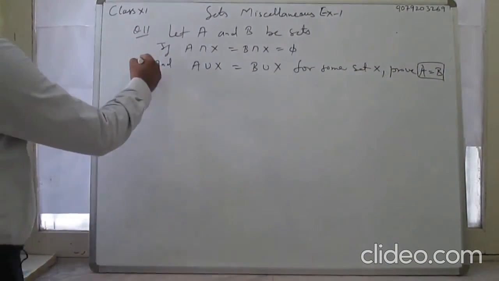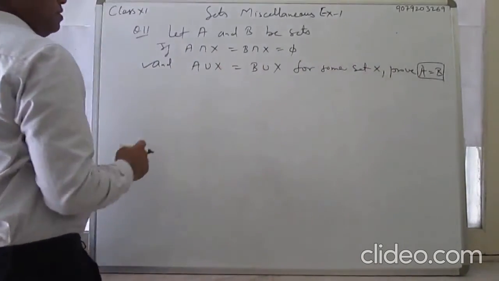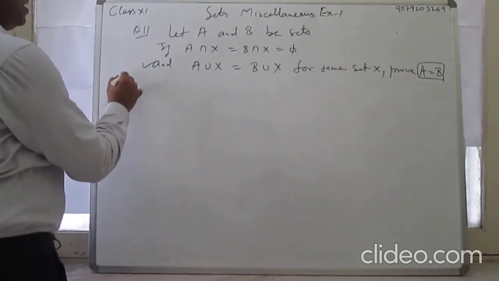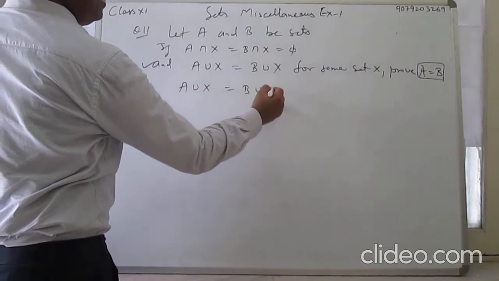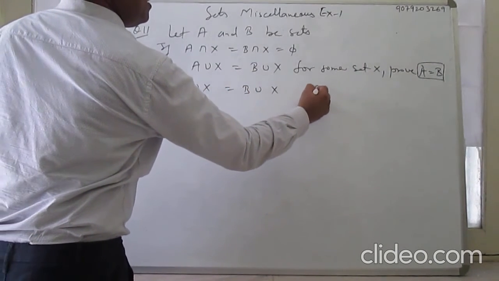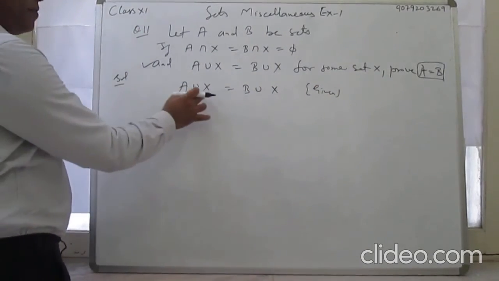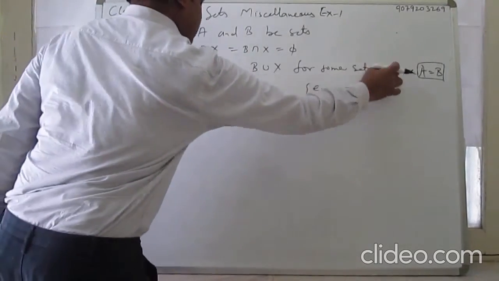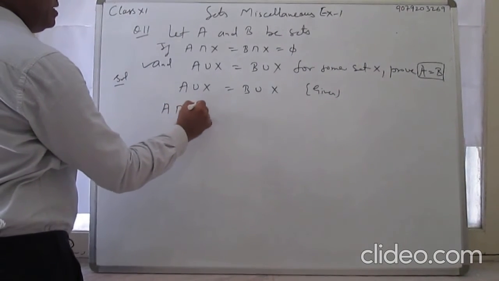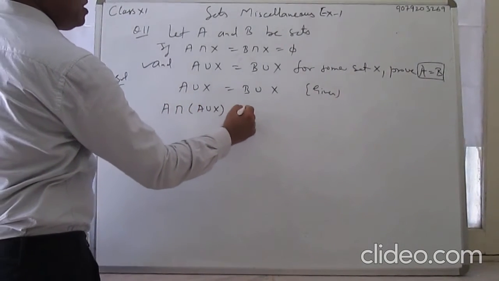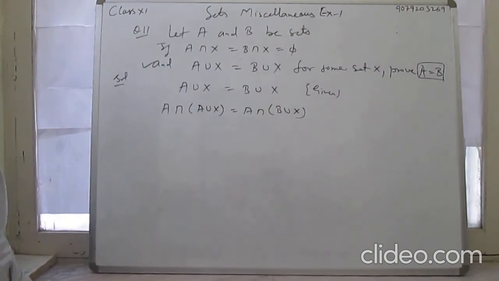So I will take this relation to prove this. Solution, I will take A union X is equal to B union X. This is given. If I operate with A, first with intersection, A intersection (A union X) is equal to A intersection (B union X).